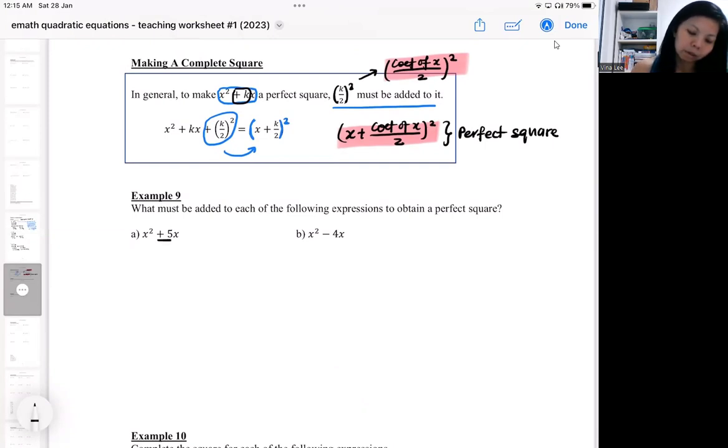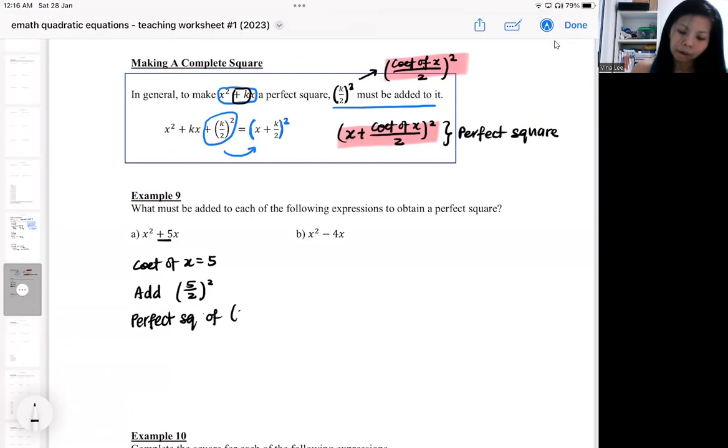The coefficient of x is positive 5. So you are going to add 5 over 2 squared, and we get a perfect square of x plus 5 over 2, squared.